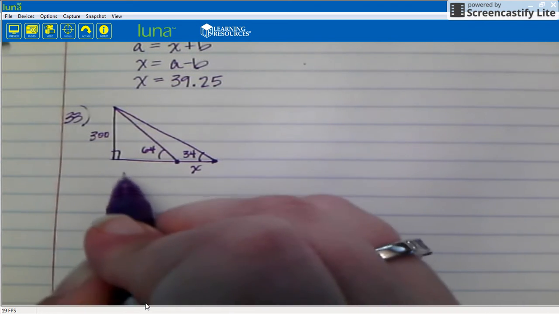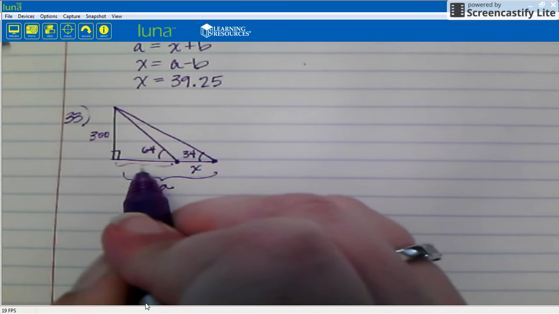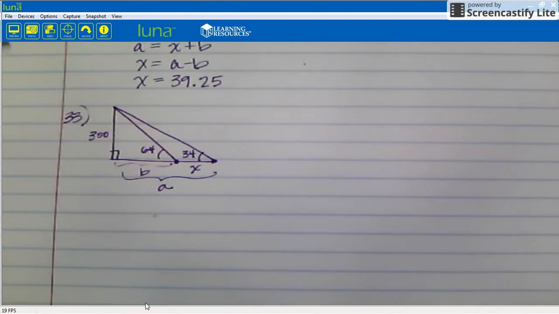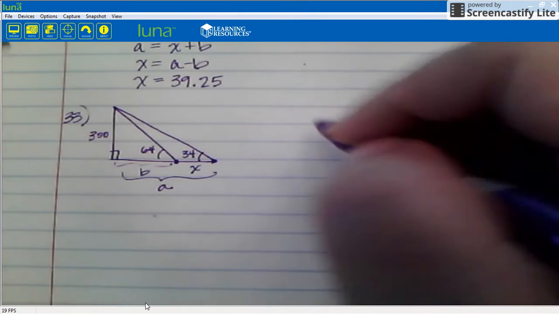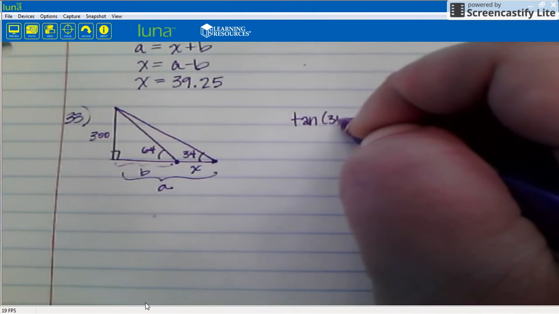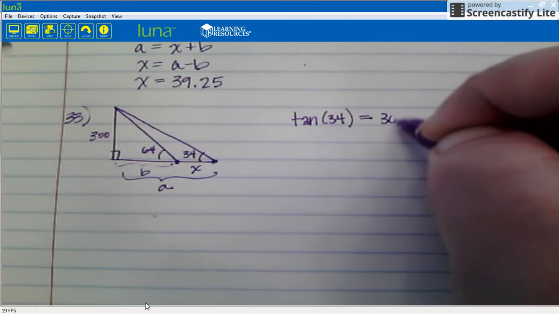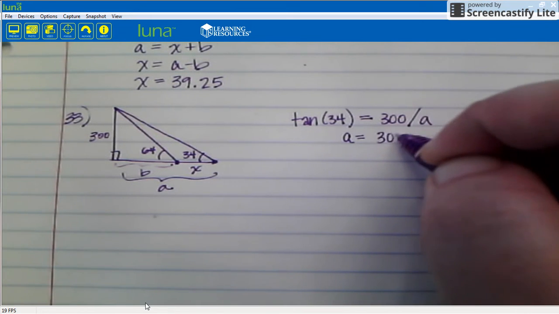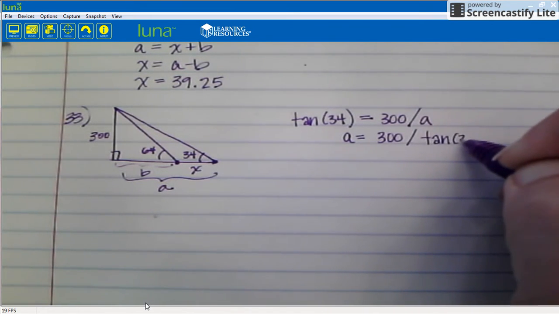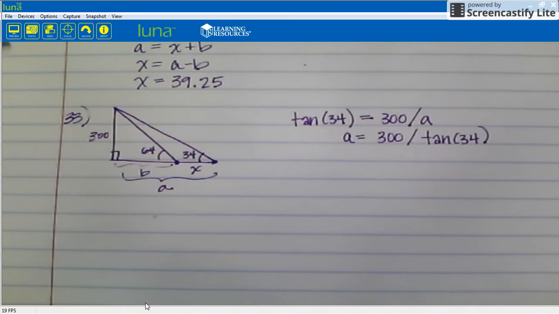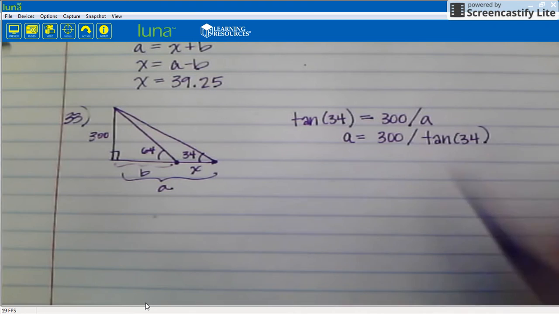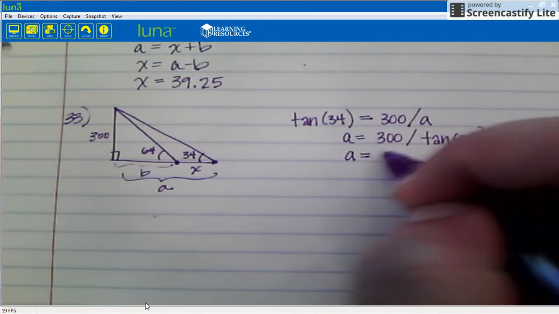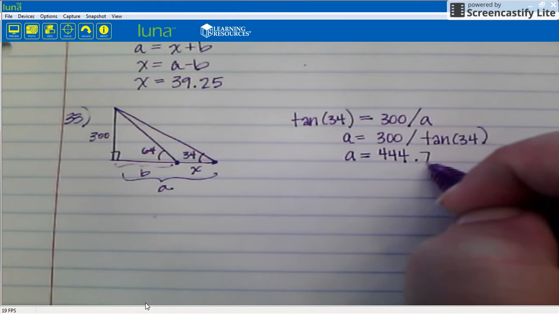So, very similarly, I'm going to call the whole length A and this length B. And I'm going to solve for A and B and then subtract to find X. So again, I have opposite and adjacent. So I start off with the tangent of 34 is equal to 300 over A. So that means A is equal to 300 divided by the tangent of 34. So this gives me A is approximately equal to 444.77.